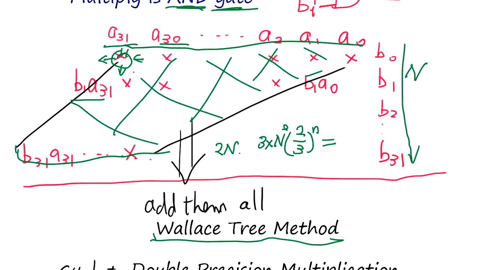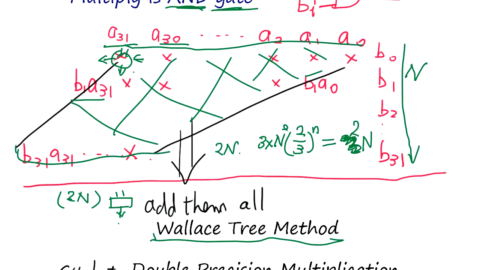The input to the last stage is going to be 3, and the result of the last stage is 2n wide. The last stage will have only one left. So this is 2n.